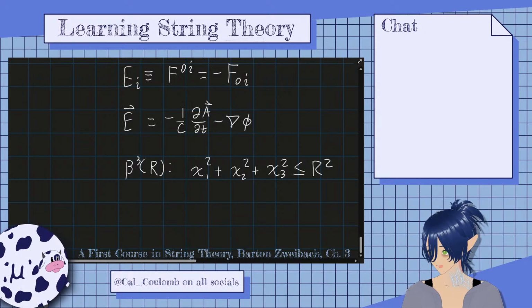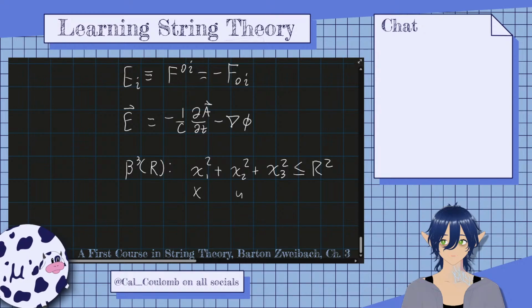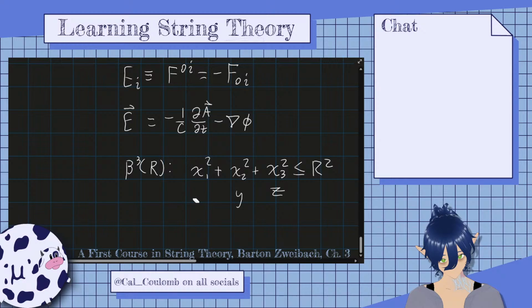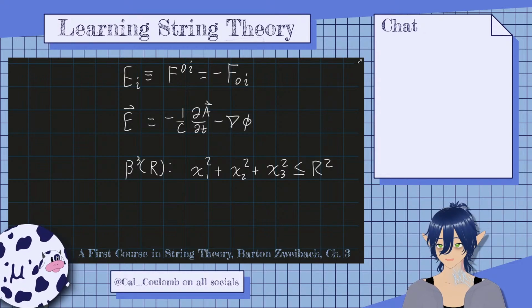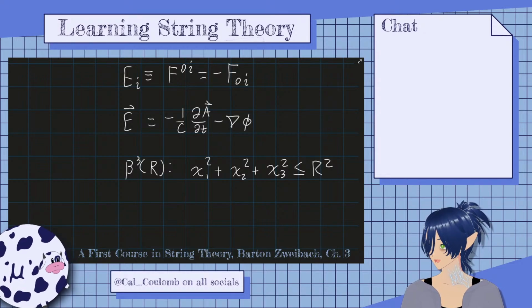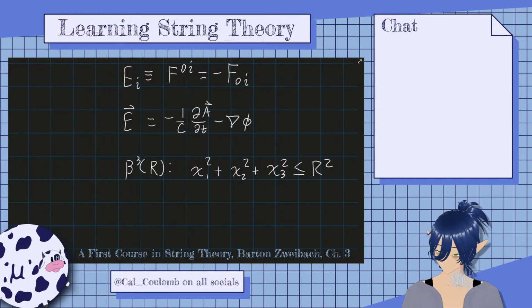If you like, you can also think of this as x, y, and z. The x1, x2, x3 notation is useful when we're talking about higher dimensions, because it's much easier to add on an x4 than to come up with a new letter after z.